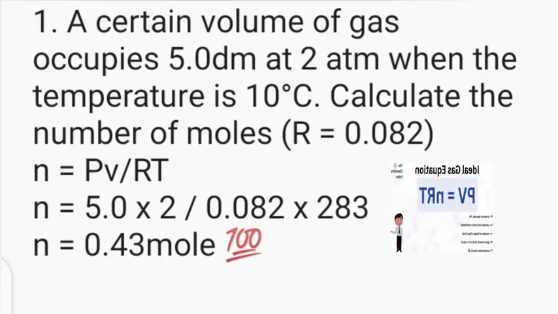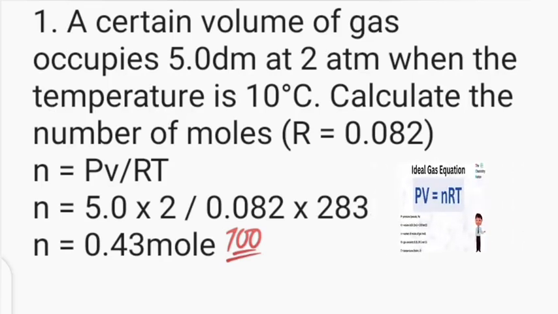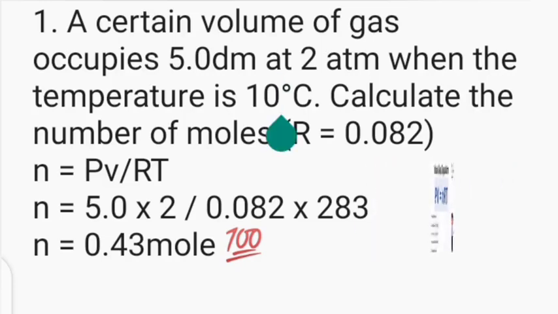This question is just a direct question. The only conversion you have here is 10 degrees Celsius, which you convert to Kelvin: 10 plus 273 is 283.